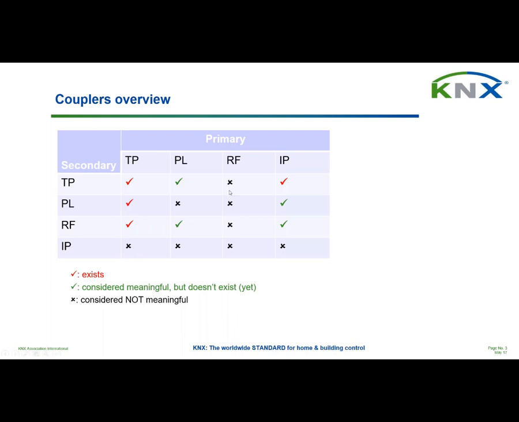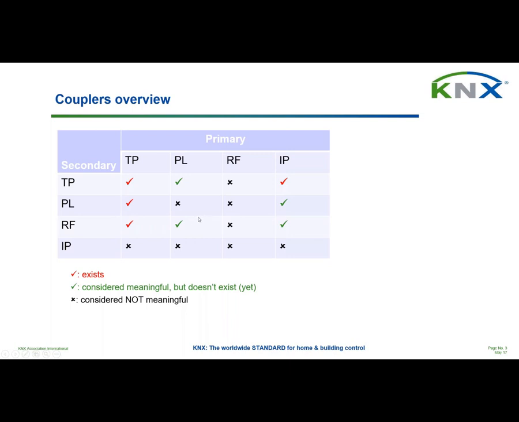Let's start with the last category, what is not meaningful. One can say that everything where radio frequency is on the primary side doesn't make much sense. What doesn't make much sense either is couplers where the IP medium is on the secondary side. So we can exclude these combinations already. What is left in the category not meaningful is a power line to power line coupler.